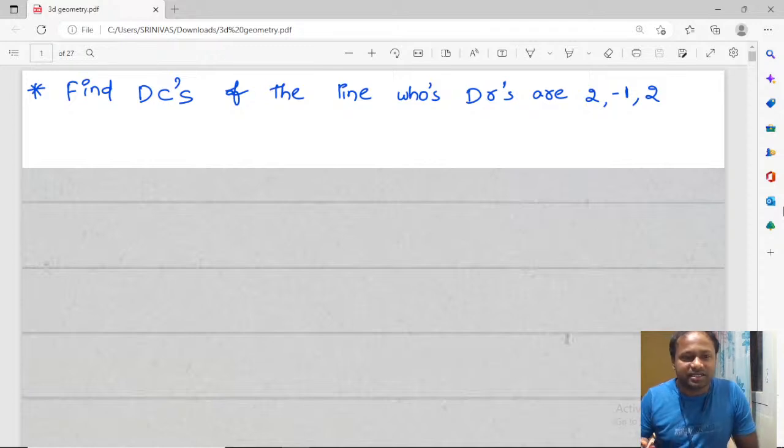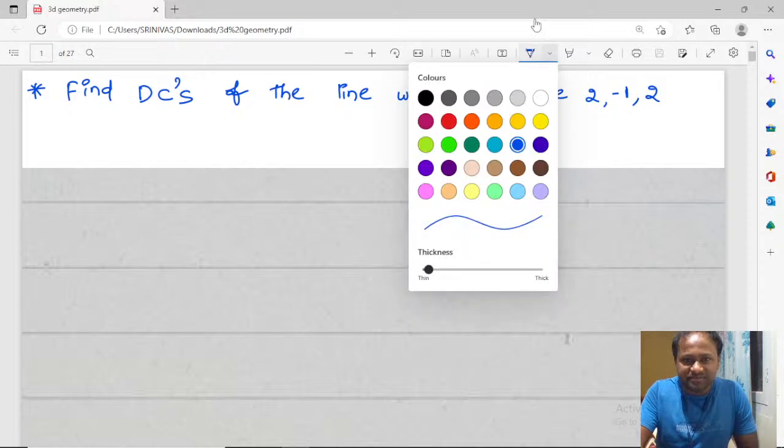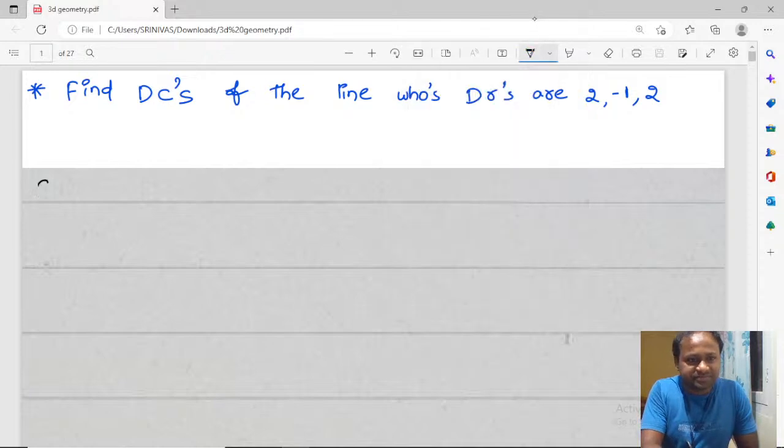Okay, right. So we will start the first question. What is given in the first question? Find DCs of the line whose DRs are 2, -1, 2.